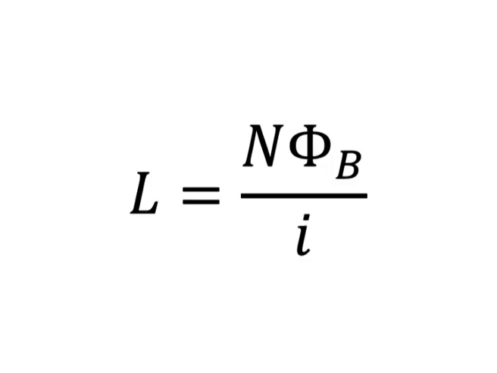If we establish a current I in the windings of the solenoid, which we are taking as our inductor, the current produces a magnetic flux through the central region of the inductor. The inductance of the inductor is then defined in terms of that flux as L is equal to N phi B divided by I. Here N is the number of turns.